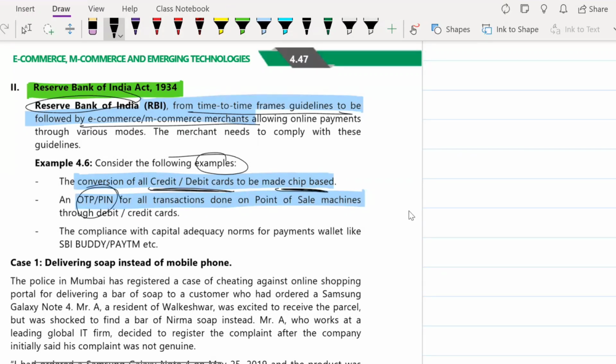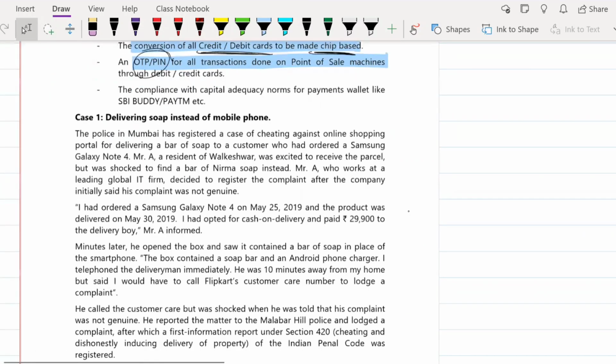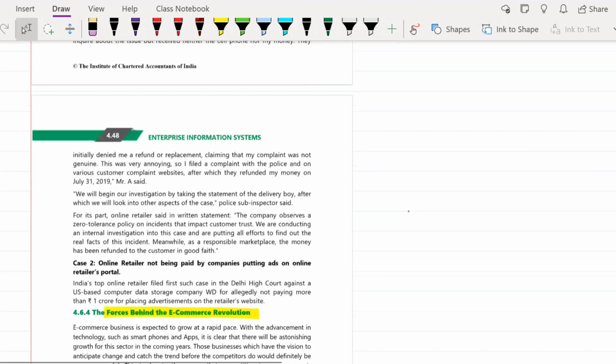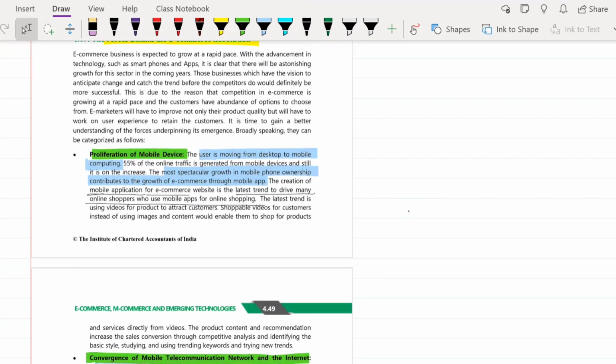Then an OTP or PIN should be processed for all transactions to ensure that the user is the one making the transaction. Like this, RBI has brought in many guidelines, and this especially governs e-commerce business, because an OTP or PIN you will not get in an offline business. It will only be done in an online business.